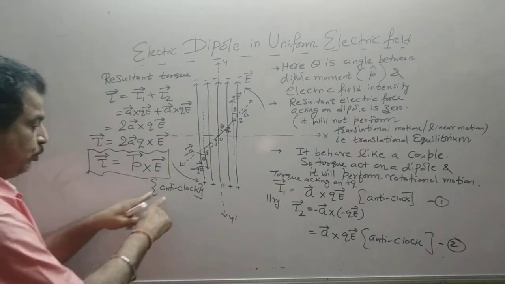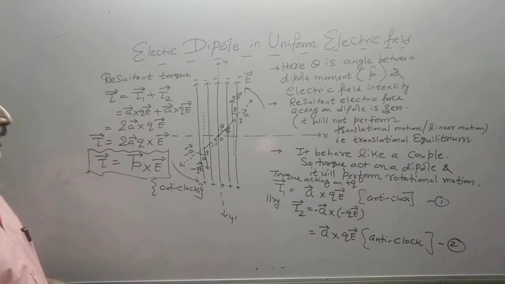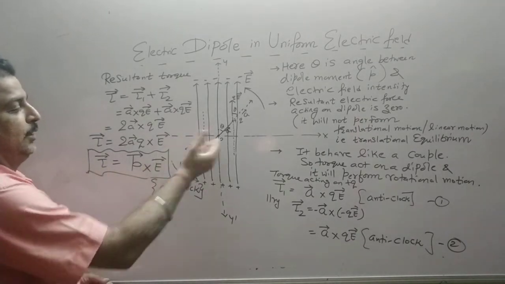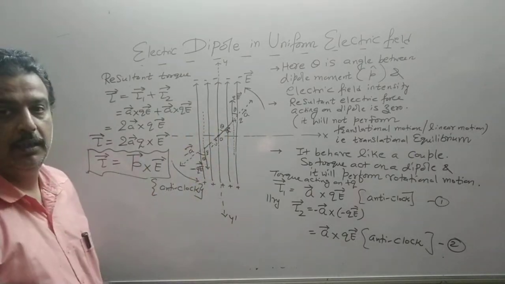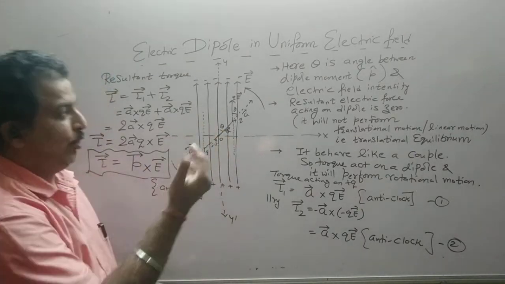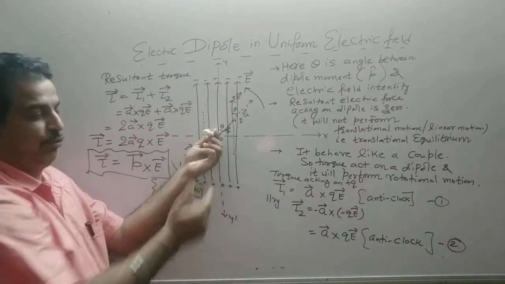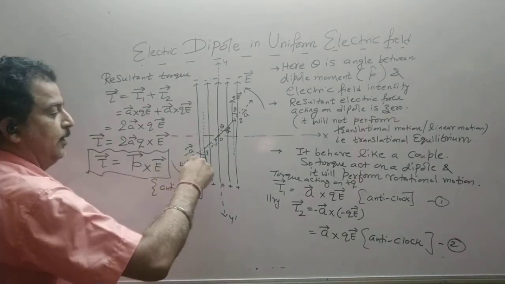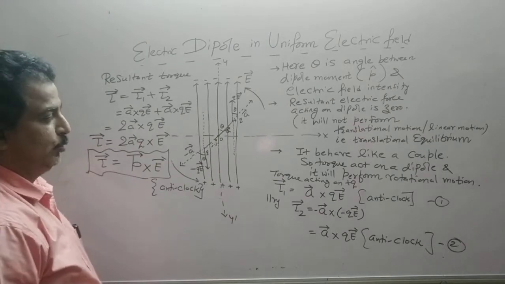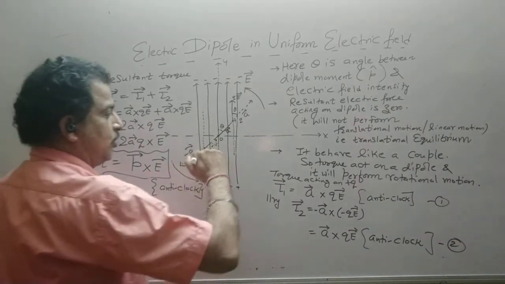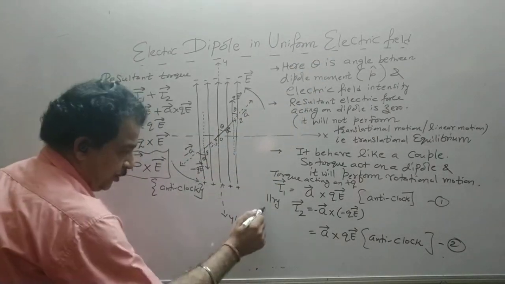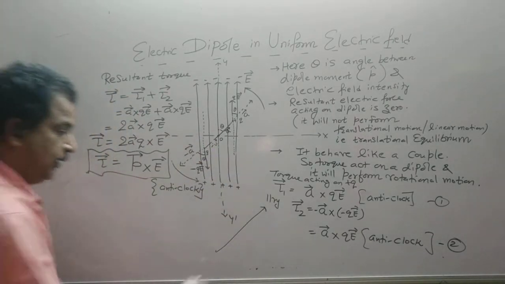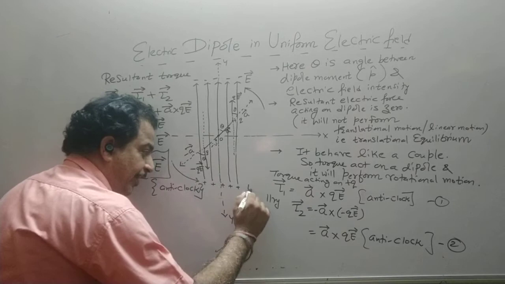So the direction of the motion of a dipole is anti-clockwise, and the direction of tau, if we want to take out, it will come out from the plane of the board. Now P vector direction is from negative to positive charge. So here I draw, this is the direction of P from negative to positive charge, and this is the direction of the field.